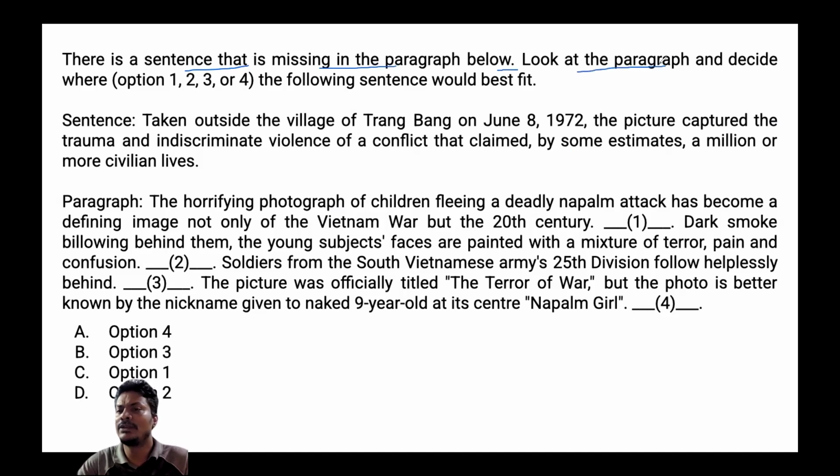We need to look at the paragraph and decide where option 1, 2, 3, or 4, the following sentence would best fit. Like I said, we need to read the paragraph first. We follow all these six steps.